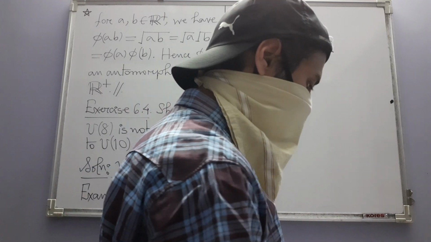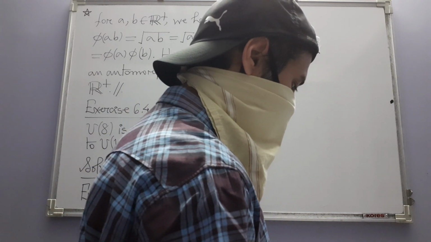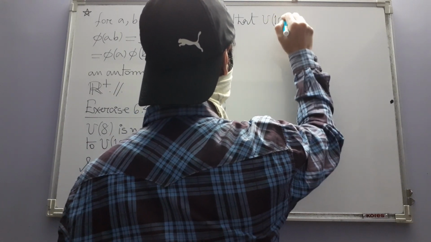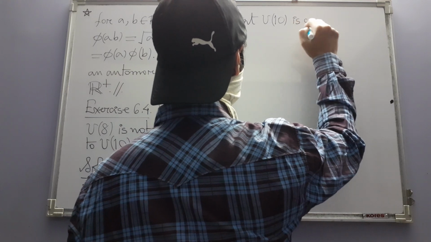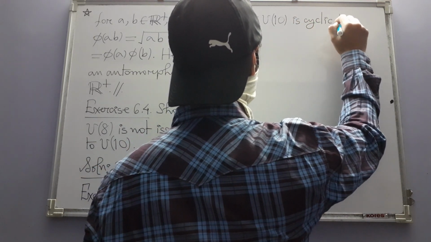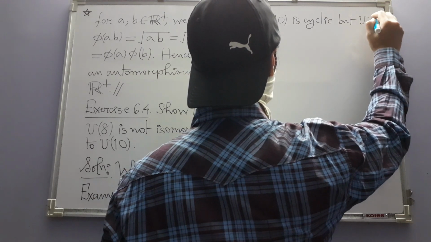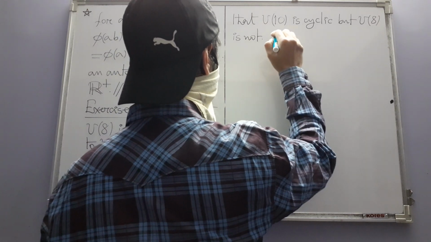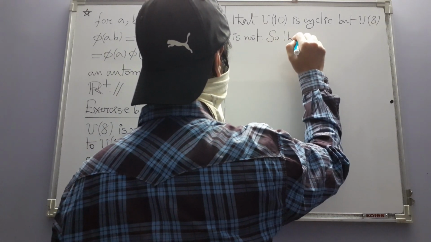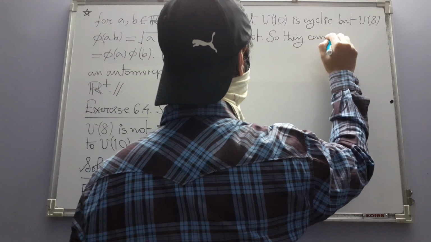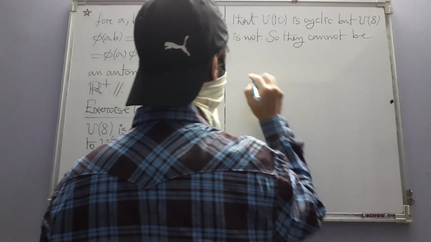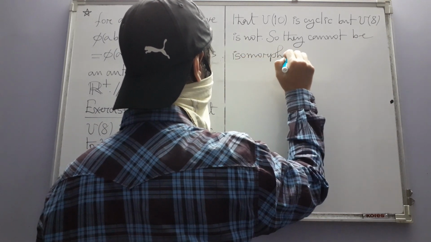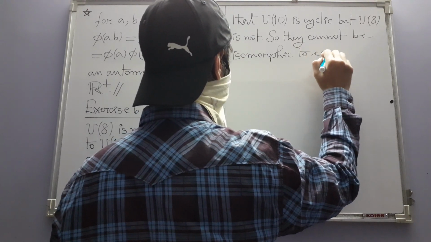U10 is cyclic, I think, but U8 is not. So they cannot be isomorphic to each other.